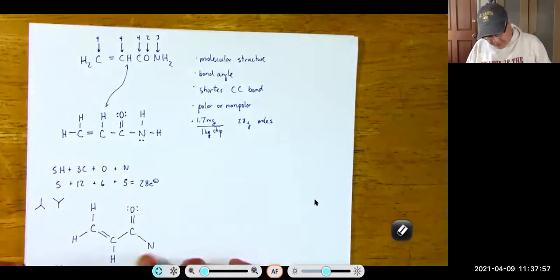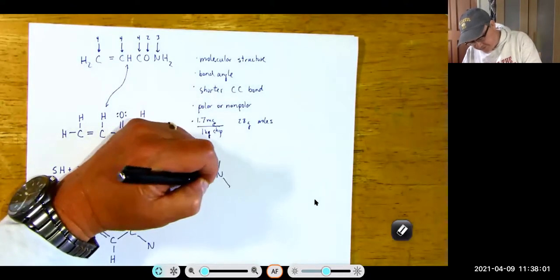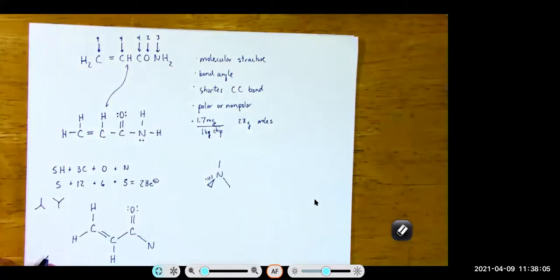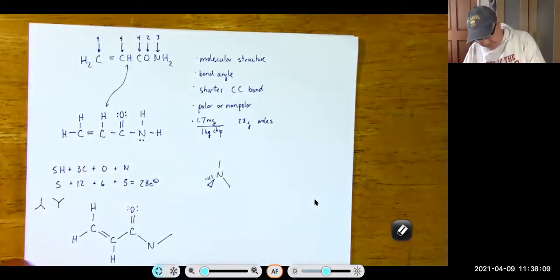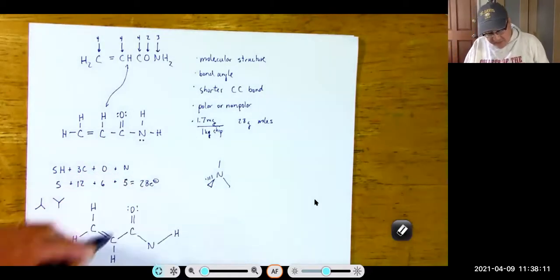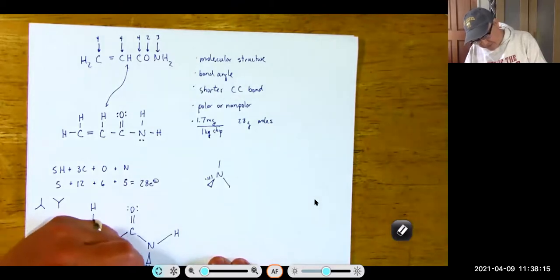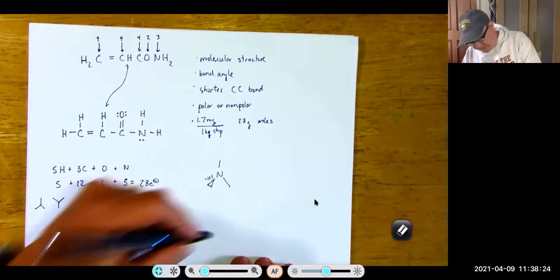What's this nitrogen supposed to look like? Well, it's supposed to look like this. So what I'm going to do is I'm going to do this, and I'm going to do this, and then I'm going to put the lone pair there. Another way I could do this is this way.